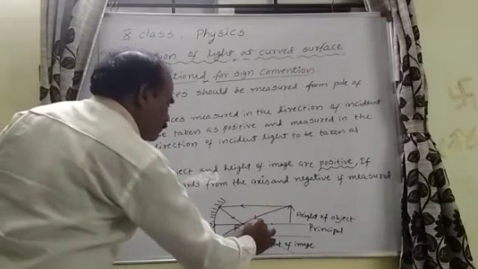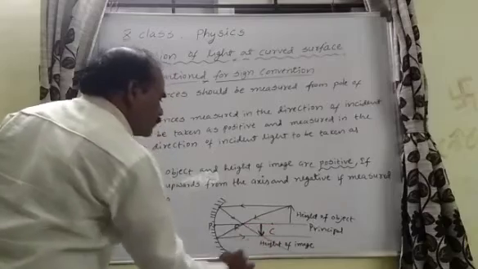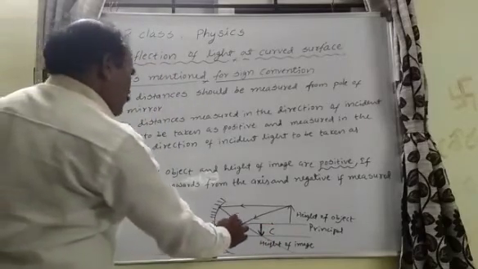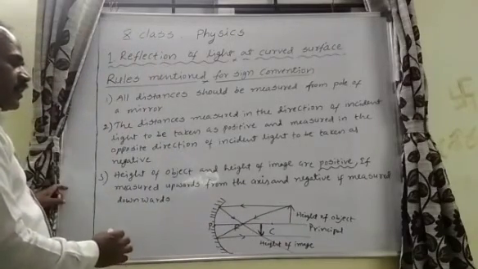This is an object, this is an image, the height of the image. Downward of the principal axis is taken as negative.